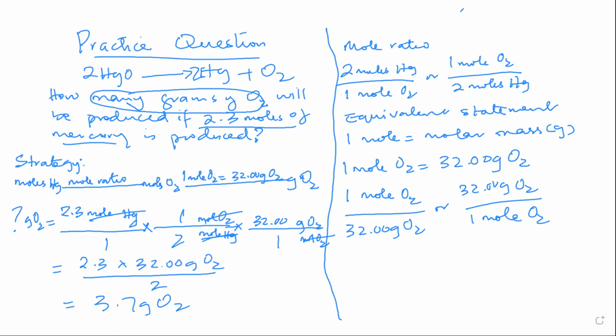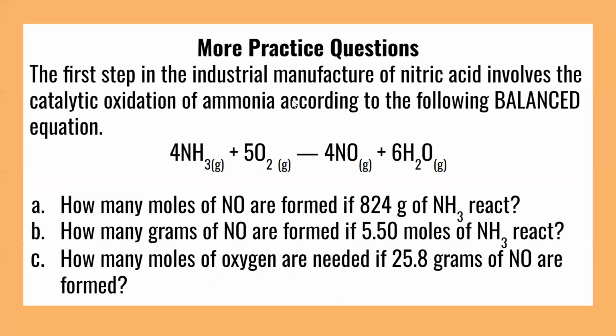Now, you do more practice questions. The first step in the industrial manufacture of nitric acid involves the catalytic oxidation of ammonia according to the following balanced equation.